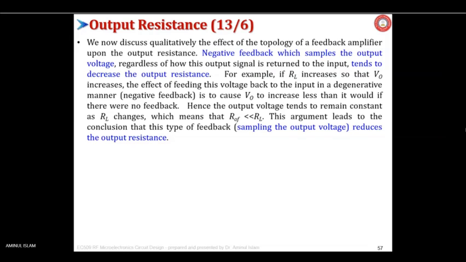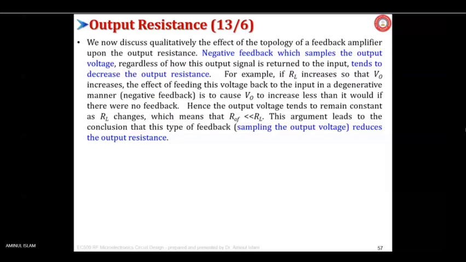So we now discuss qualitatively the effect of the topology of the feedback amplifier upon the output resistance. Negative feedback which samples the output voltage, regardless of how this output signal is returned to the input, tends to decrease the output resistance.